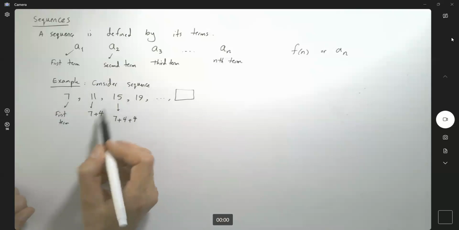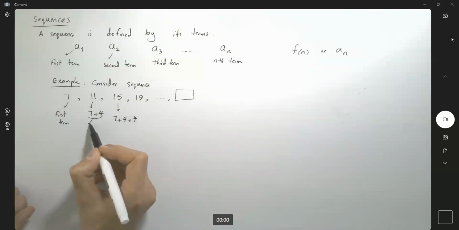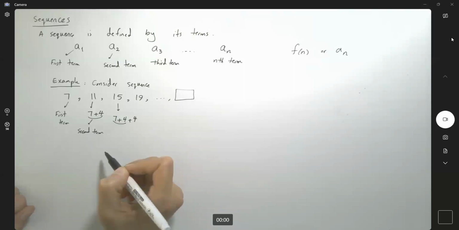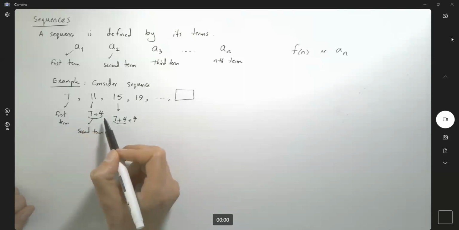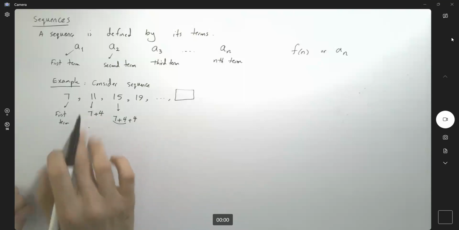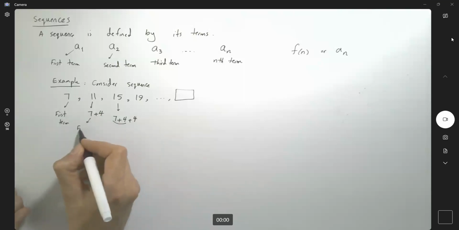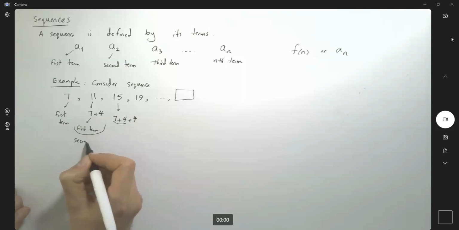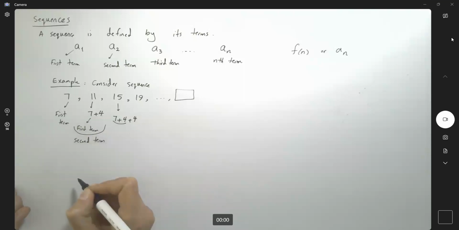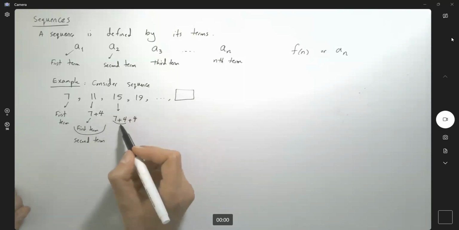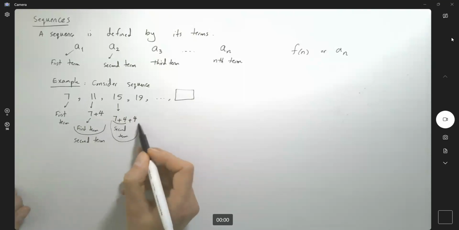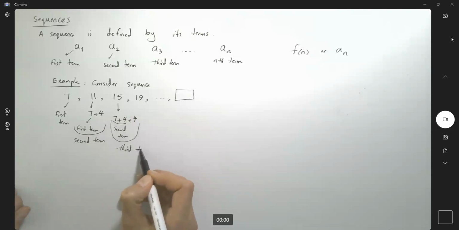So 15 is the second term plus 4, which forms your third term, and so on.